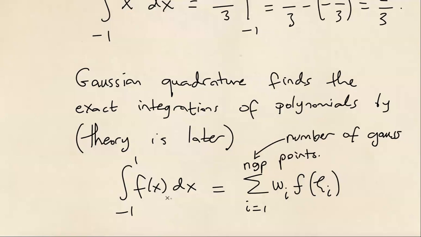Instead of doing an integral of f(x) from -1 to 1 analytically, I'm able to write down a function which finds the exact solution, with the required number of Gauss points, if f(x) is a polynomial. If I have a polynomial f(x), then I'm able to integrate it exactly. It also gives very accurate results even if f(x) is not a polynomial.